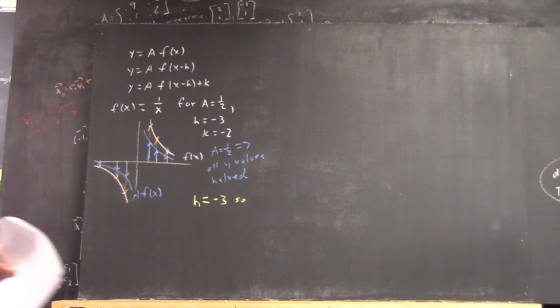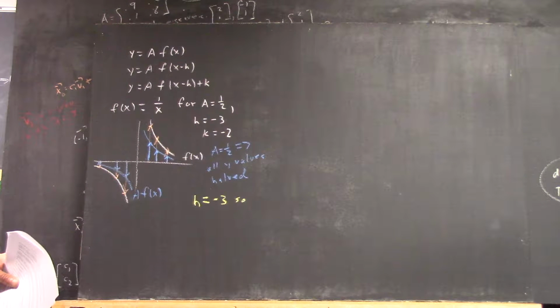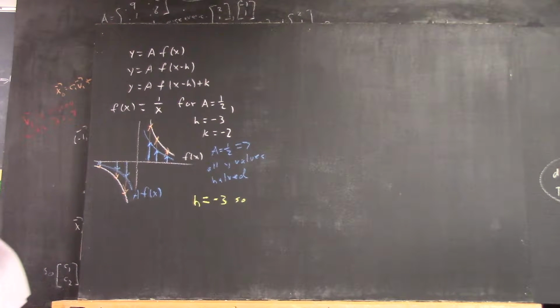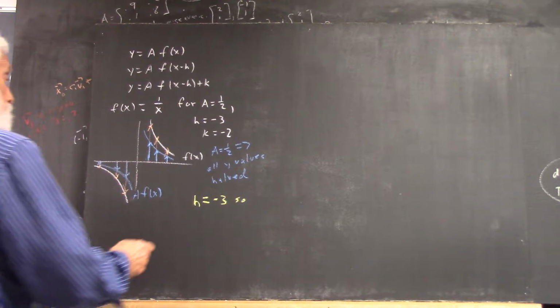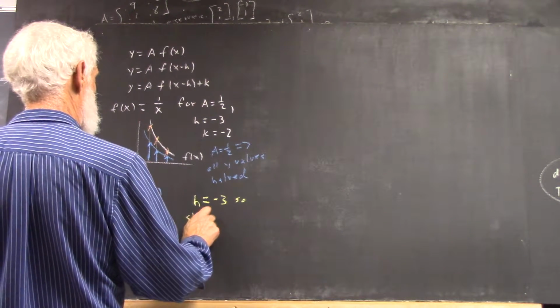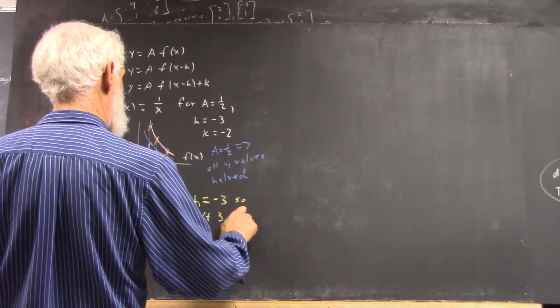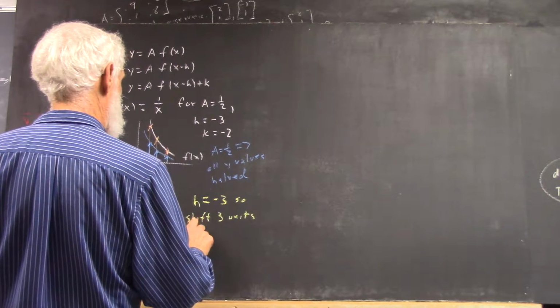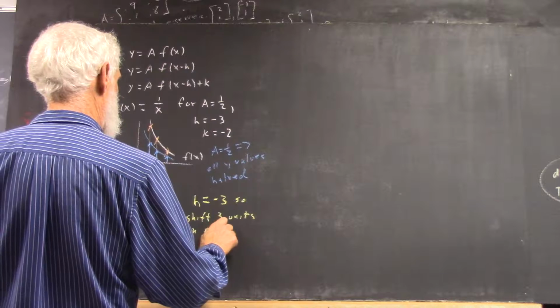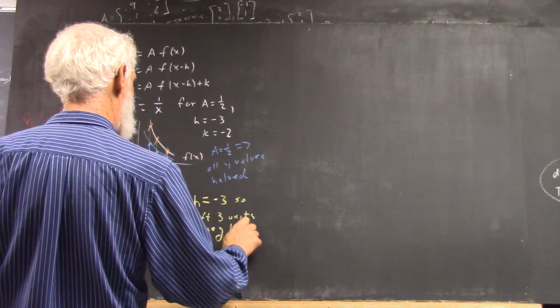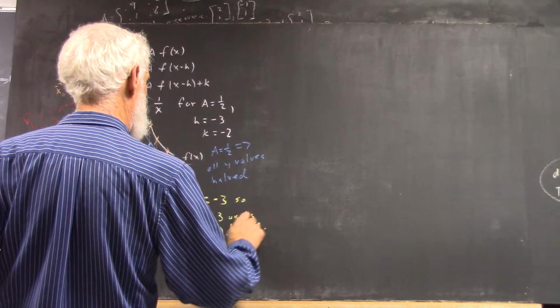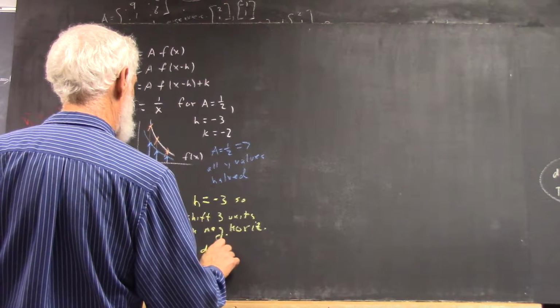It means we've got to shift the graph 3 units to the left, right? So I'm going to say shift 3 units in the negative horizontal direction.